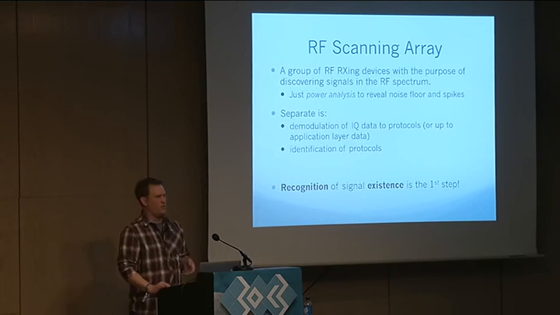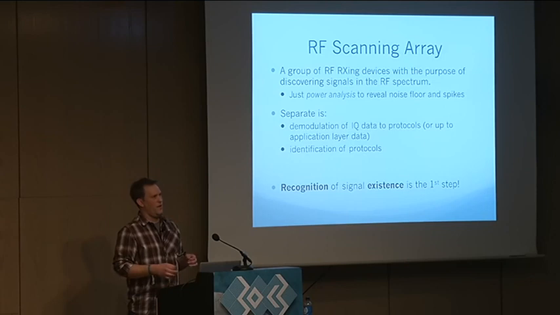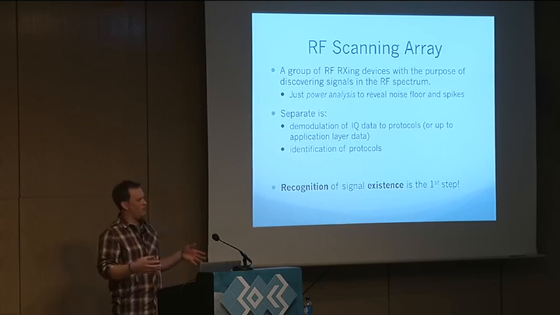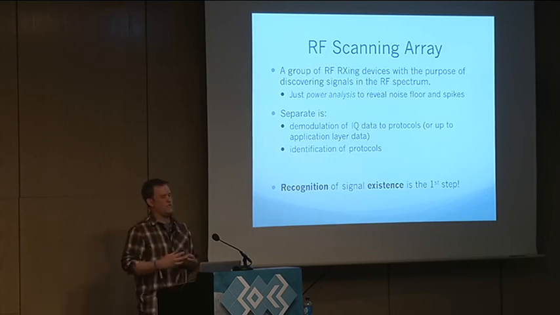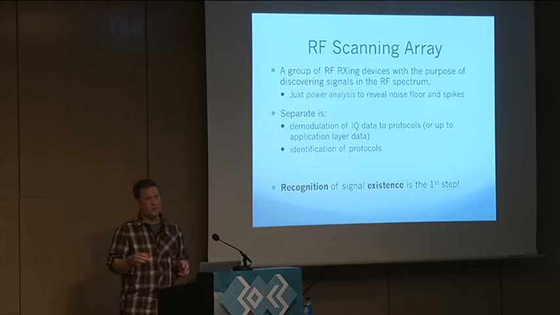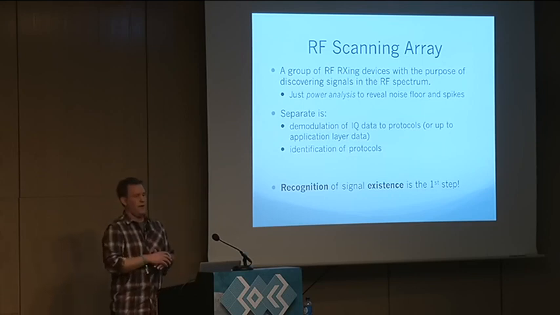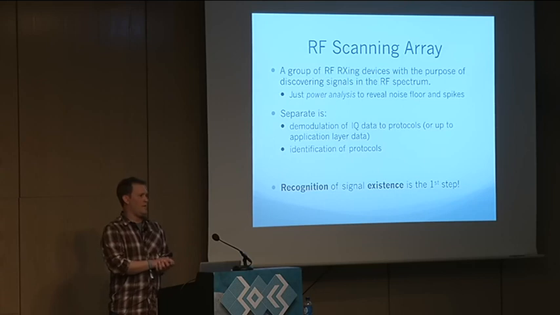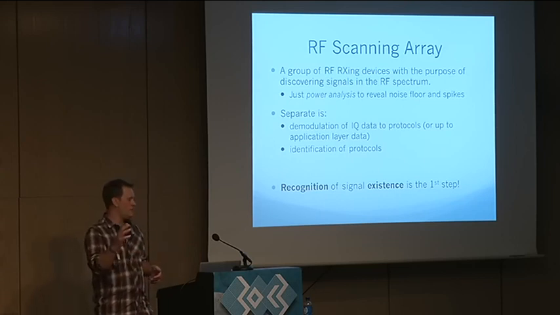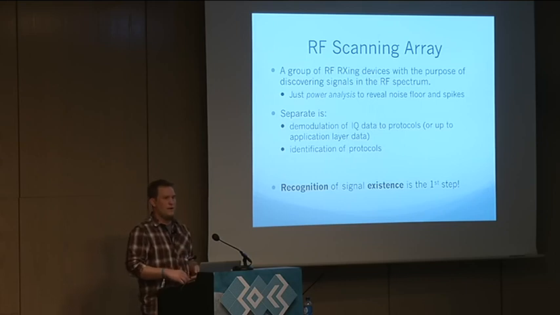But first, before I go into some details, I just want to be clear. The RF scanning array is basically just a group of RF receiving devices, and their whole purpose is discovering signals in the RF spectrum. This is just power analysis. We're just FFTing IQ data and looking at the power values at different frequencies, and we're looking at the noise floor versus spikes.